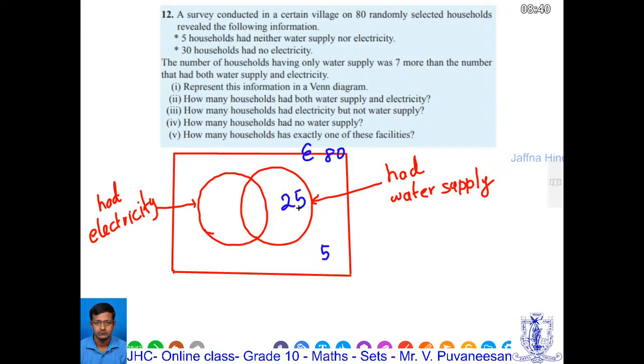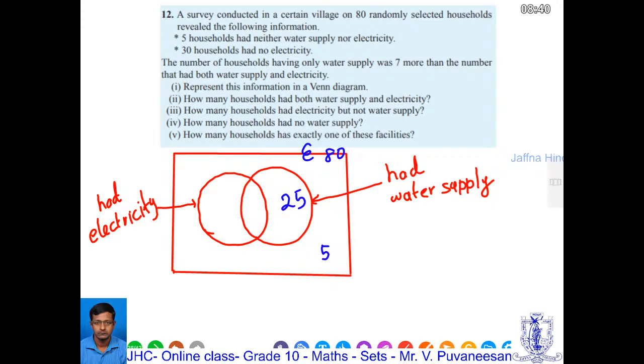Next there is one more data given. The number of households having only water supply was 7 more than the number that had both water supply and electricity. The relationship between these two regions is given.